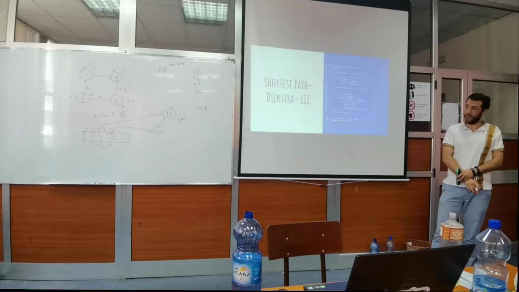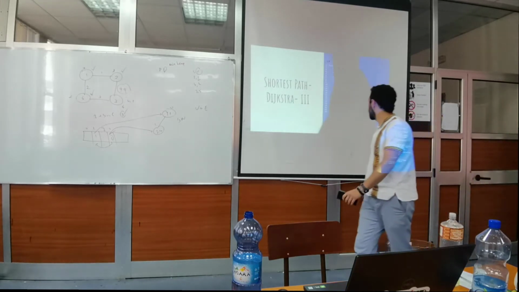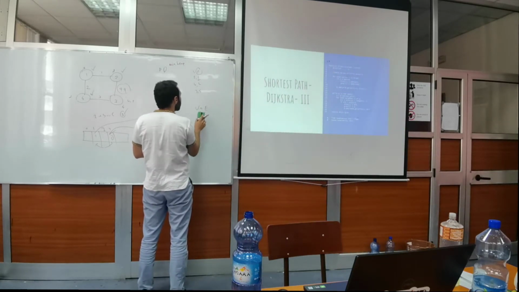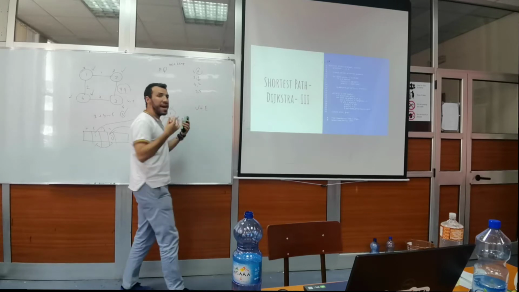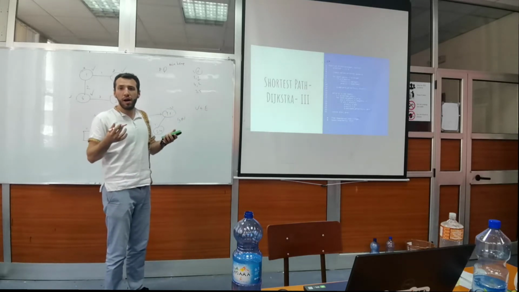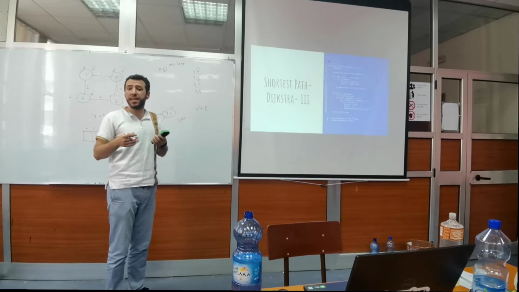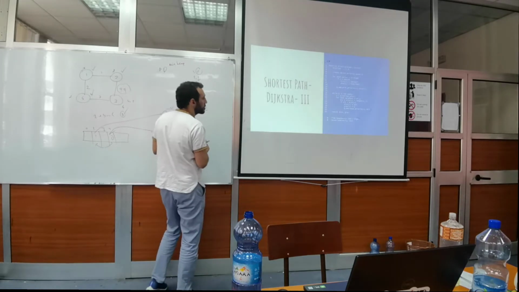Log V. So basically, I have V elements in my priority queue, and at each operation I can apply log V, right? Then what is going to be the time complexity here?